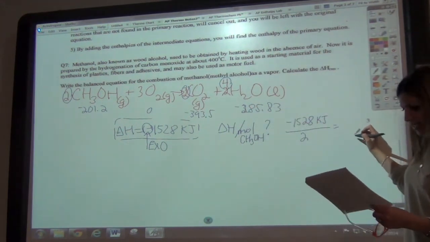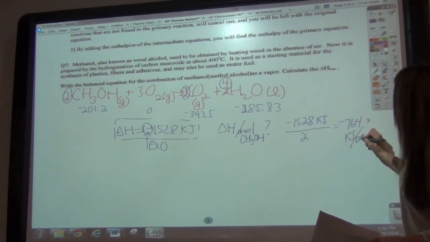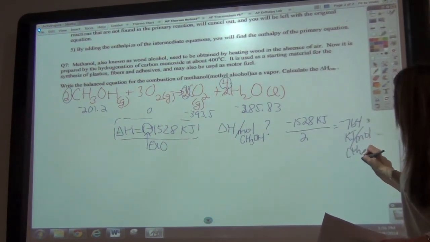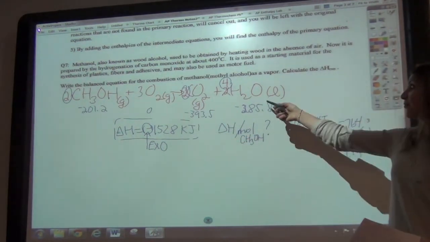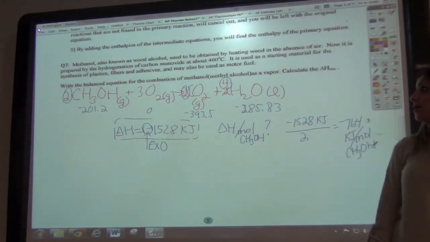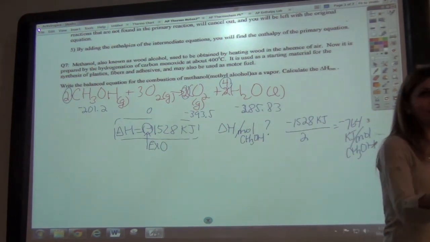What we end up getting is negative 764 kilojoules per mole of CH3OH. I could have said per 4 moles of water, or per 3 moles of oxygen. So just make sure that we do that correctly.